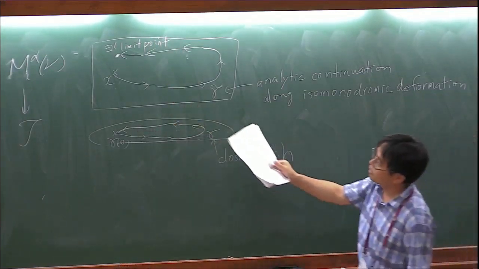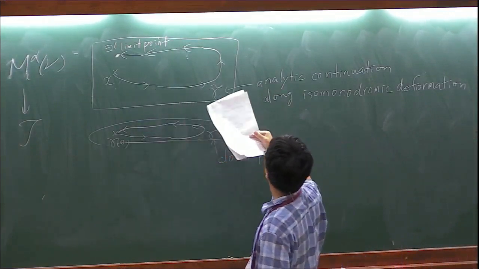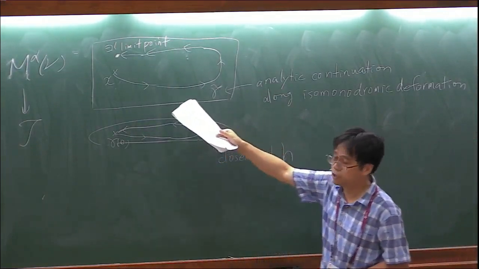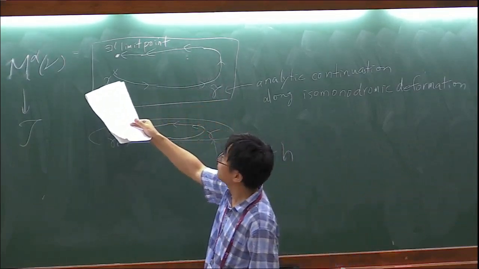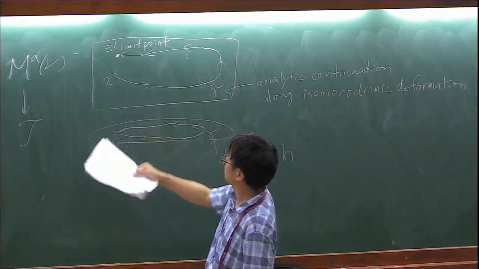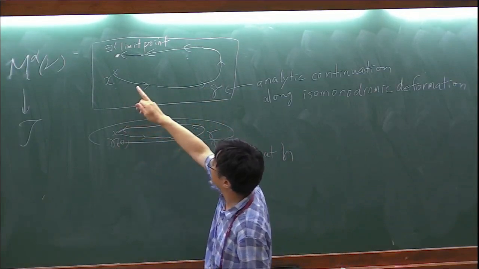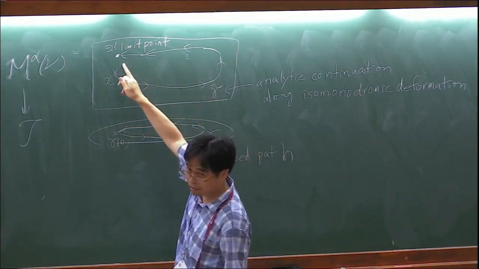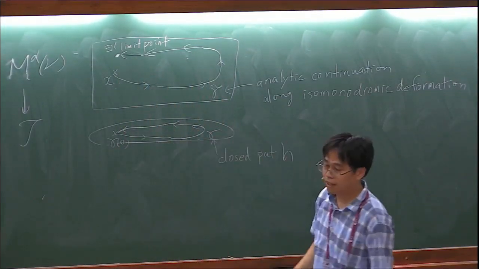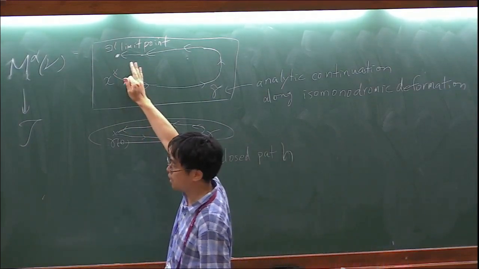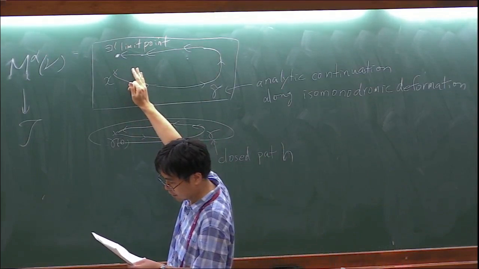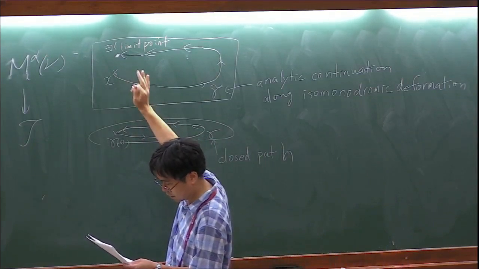So if we consider a solution of the isomonodromic deformation starting at some initial time and coming back to the initial time, then we don't know whether the solution of the isomonodromy equation is convergent or divergent.